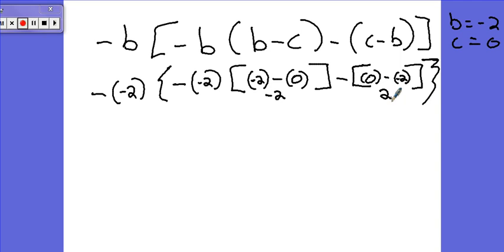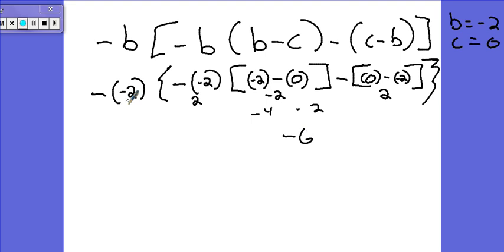Now I have this over here I have to take care of. Negative 2 is positive 2, and I have to distribute that to here before I can subtract this. It's 2 times negative 2, so negative 4. So it's negative 4 minus 2, negative 6. Everything in those braces is done.